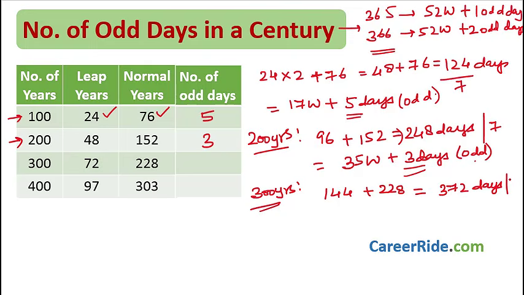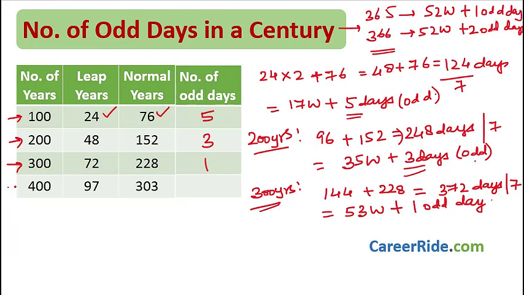I want to find out how many odd days there are, so I'll divide by 7 and see what the remainder is. I get 53 weeks plus some odd days, and that is the remainder. When I divide 372 by 7, that is equal to 1 odd day. Let us fill this information also in the table. So in a period of 300 years, there will be only 1 odd day.